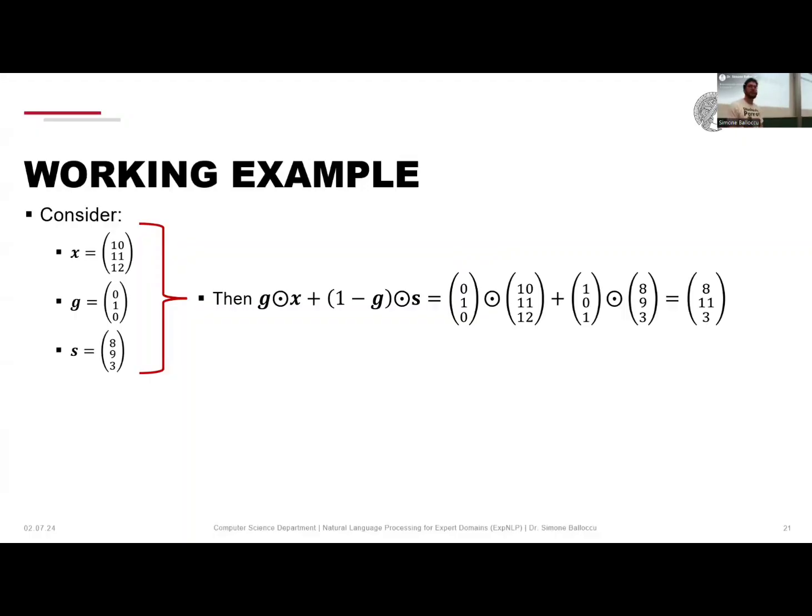Any other questions? Yes? Are these gates similar to the ones used in LSTMs? We're going to talk about LSTMs in a couple of slides, so you're going to receive your answer. Yes? Assume that the elements in vector x and vector s correspond to each other.